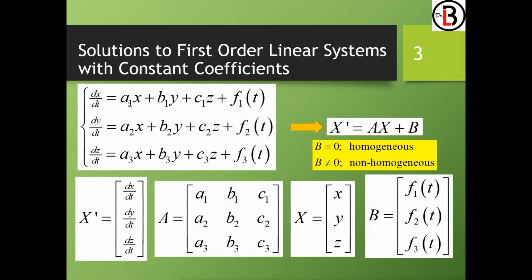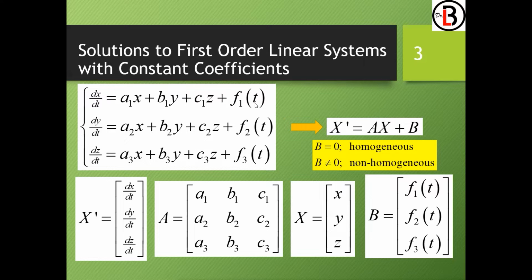And then the constant coefficients, a1, b1, c1, can be represented by capital A, or the matrix A. And then x there is your x, y, and z. That is the variable matrix. Whereas your B in here corresponds to the functions of t. It can be a constant, it can be a function of t.